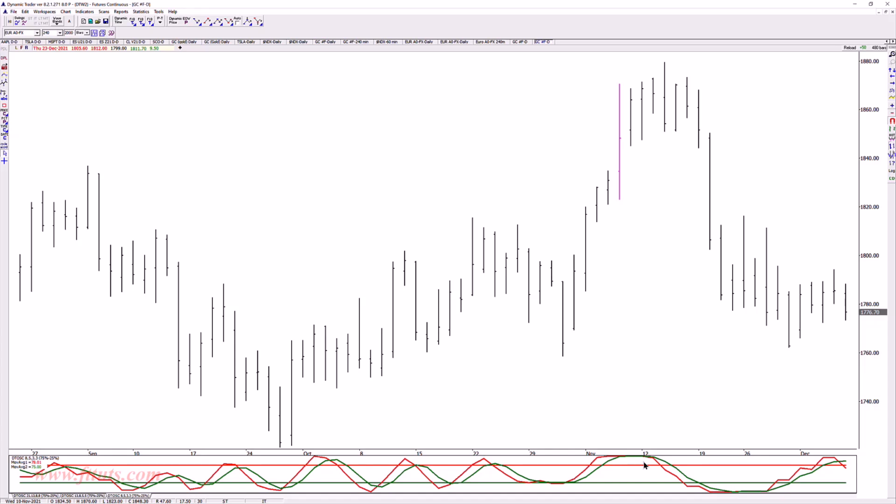We really want to use it to help identify the end of corrections. Okay, let's continue to the next chapter and see how we integrate the momentum indicator position with the price and pattern position for specific trade strategies.